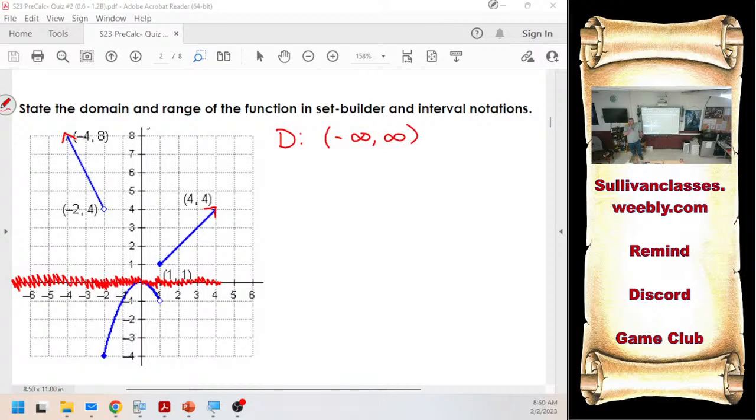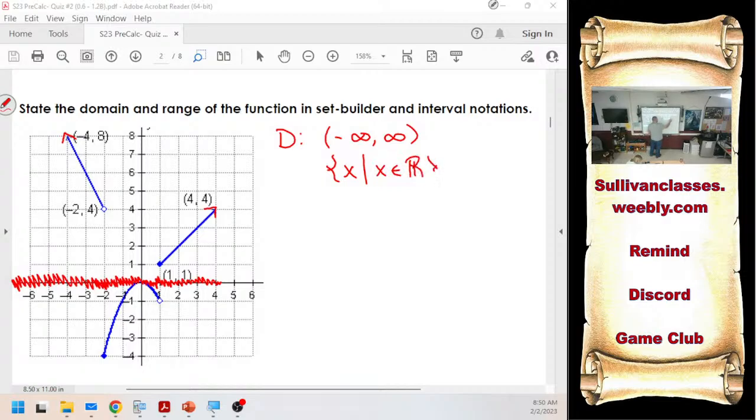I don't know that we've actually run across this. How do I write all real numbers in set builder notation? All x's such that, what's my rule? I would skip straight to x as an element of the reals.